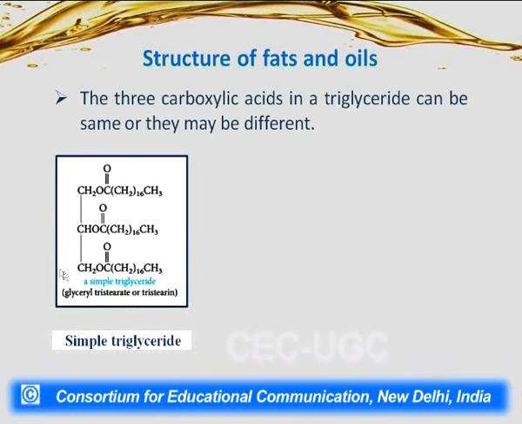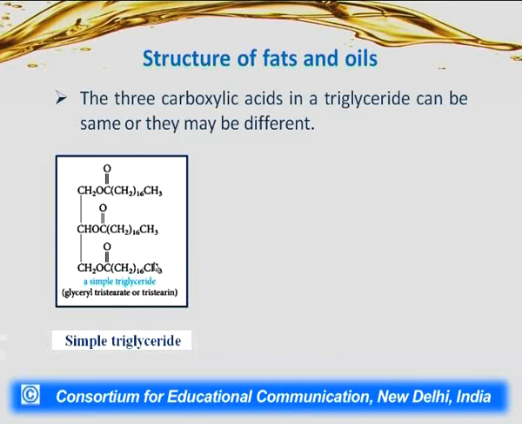This is an example in which 3 molecules of stearic acid have formed esters with the glycerol, and this compound is named glyceryl tristearate. A common name for this fat is also tristearin.